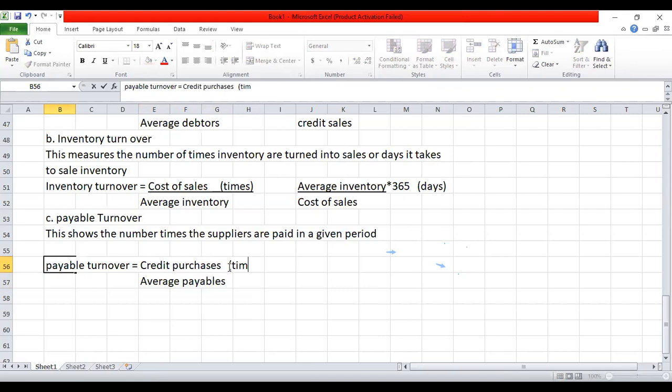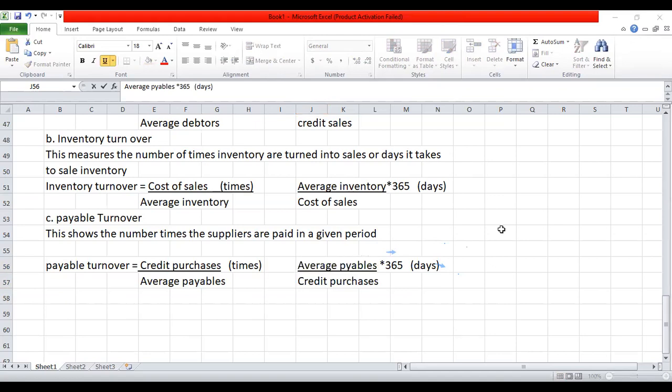And here the answer is in times. If you want to put it in days, it will be average payables over credit purchases, times 365. So in that case, you are going to give your answer in days.